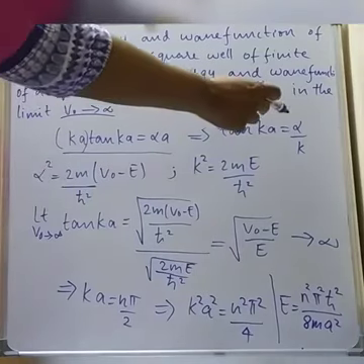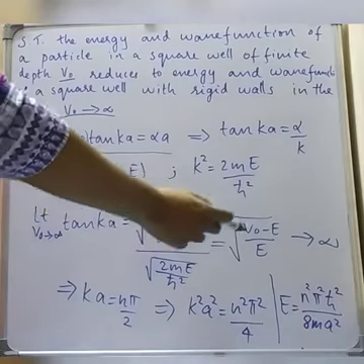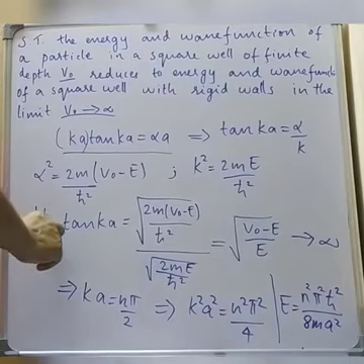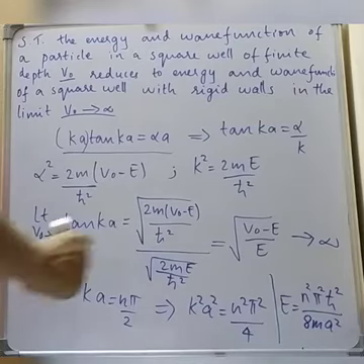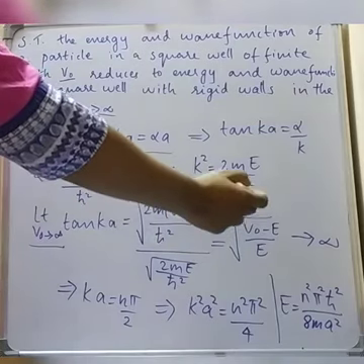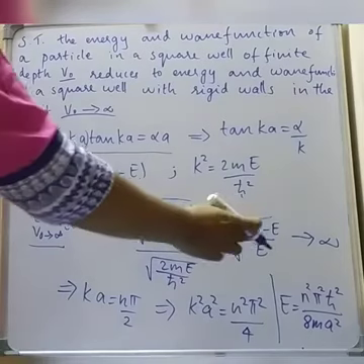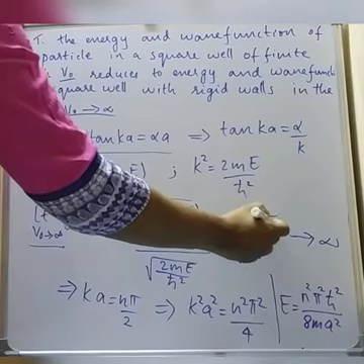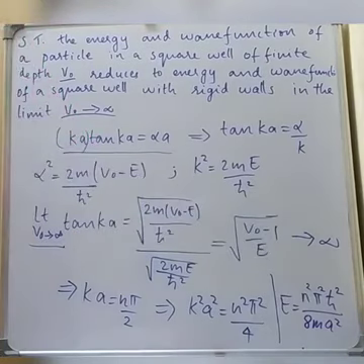So substituting the values of alpha and K, we have tan Ka is equal to the square root of (V0 minus E) divided by E. Now we have to apply the condition that the limit V0 tends to infinity. Rewriting this by dividing by E, we have V0 by E minus 1.